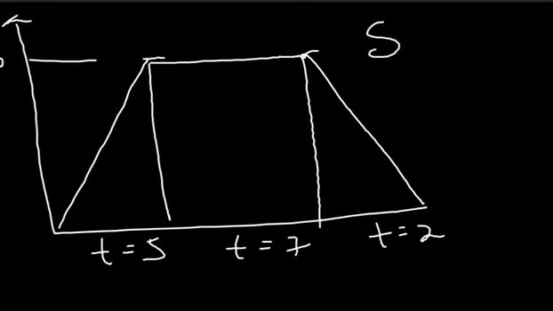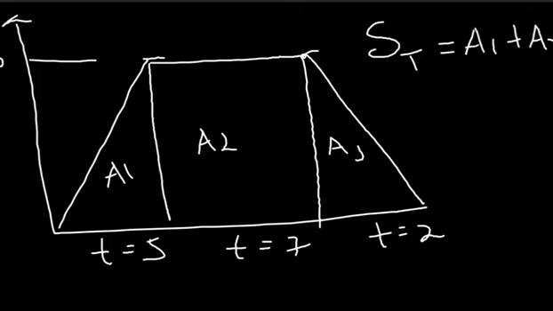To find the total distance, you have area 1, area 2 and area 3. So total distance is equal to area 1 plus area 2 plus area 3.